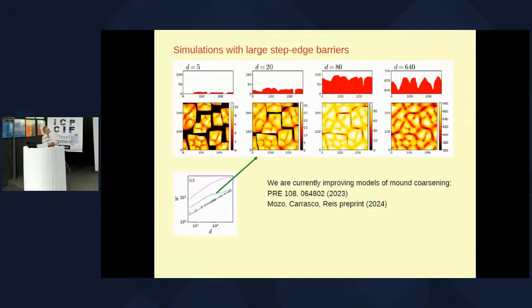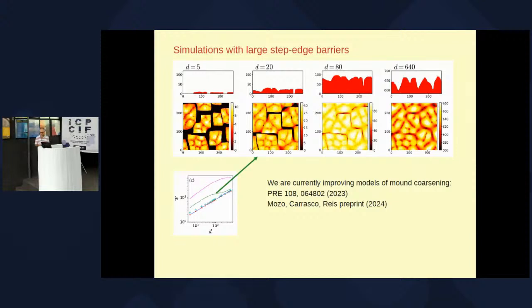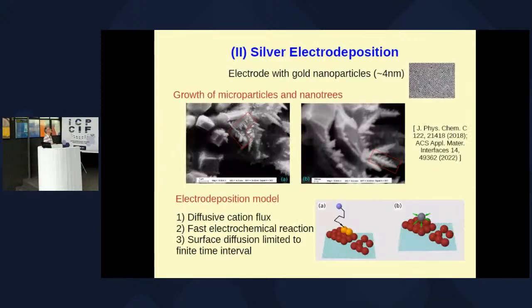We are currently improving models of mound coarsening, improved compared to these works. For instance, one recent publication is in PRE of last year, and we are finishing the preparation of a preprint in which we improve these models of mound growth, which are also frequently observed in experiments.